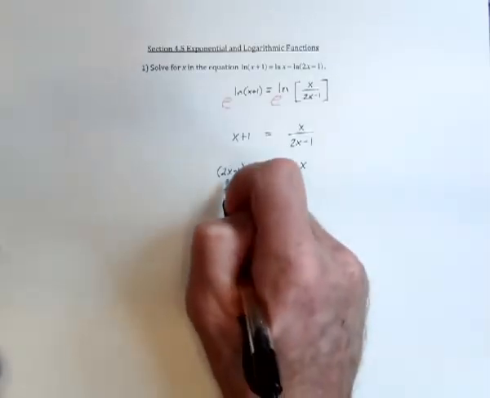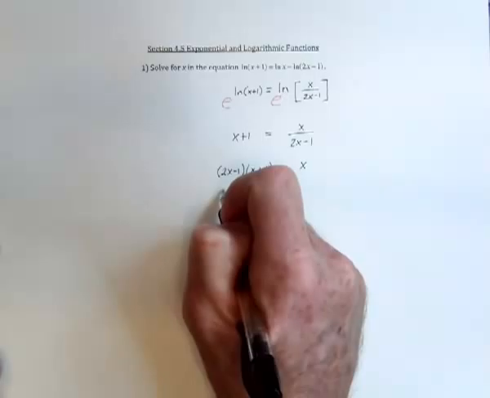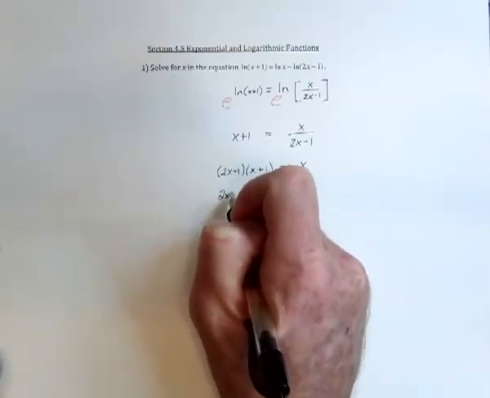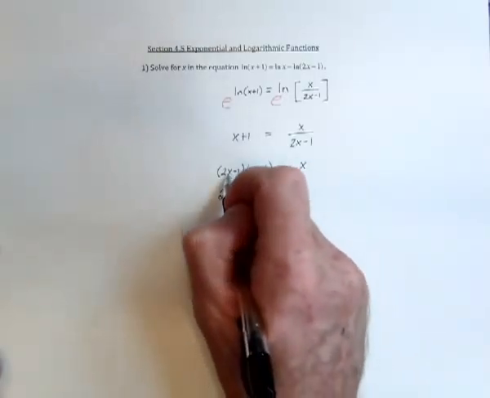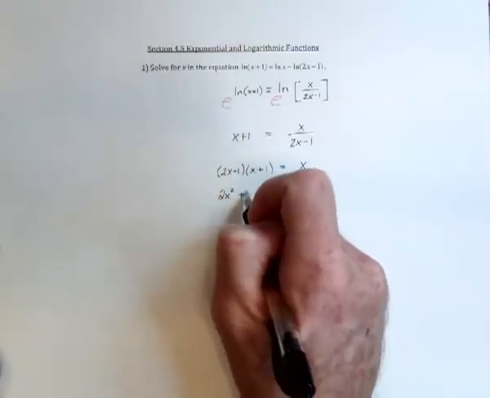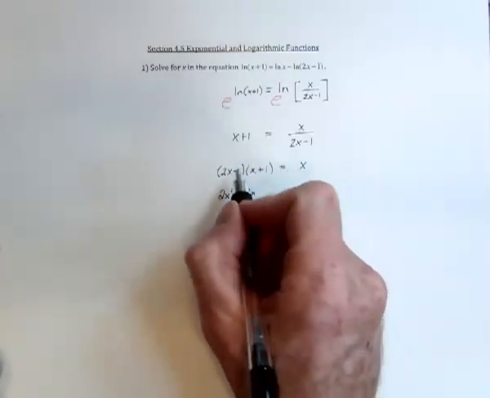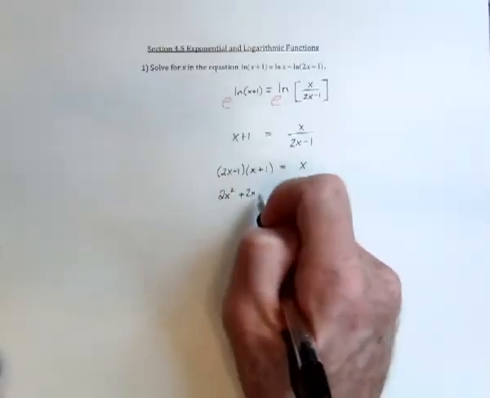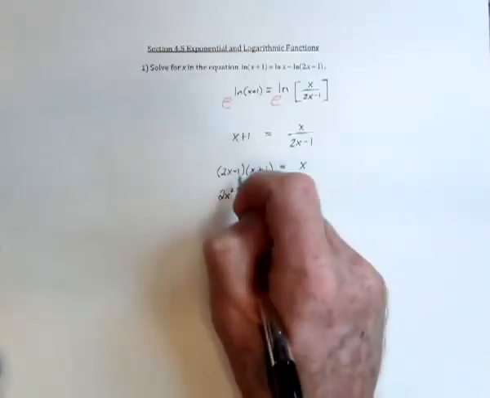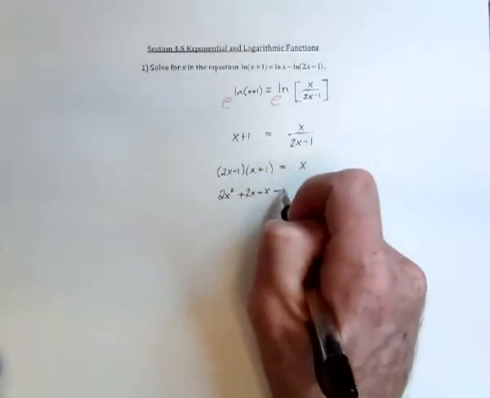And then use FOIL or the distributive property over here to get 2x squared for the first one times the first one, and then a 2x times 1. Now distribute this negative 1, so there's going to be negative x and negative 1.